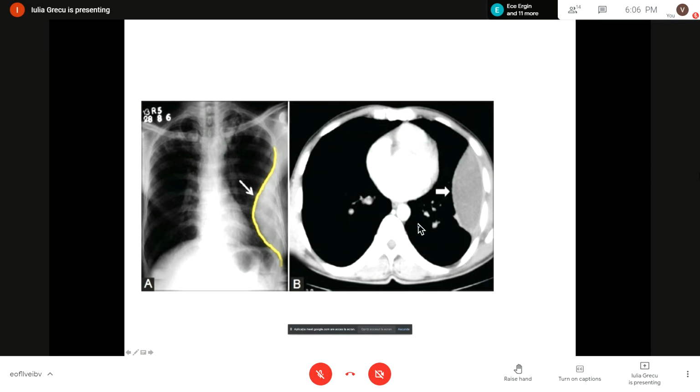Imagine that this CT is done with the patient lying on his back, and the fluid, if it was free, should have been positioned somewhere here in the posterior region of the cavity. But the fluid, because it's loculated and suspended here, doesn't change position with the decubitus.